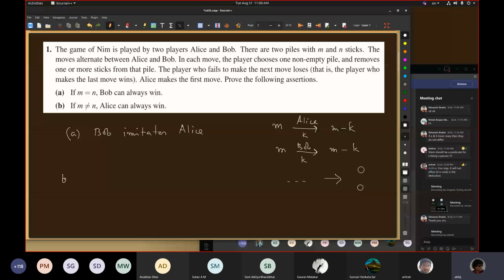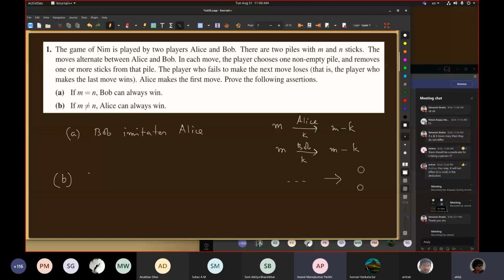But what about B? The same thing. Alice can pick sticks from the bigger pile, the one with the higher number of sticks, and make it equal. Then it will become the same game where Bob starts, so she will win.